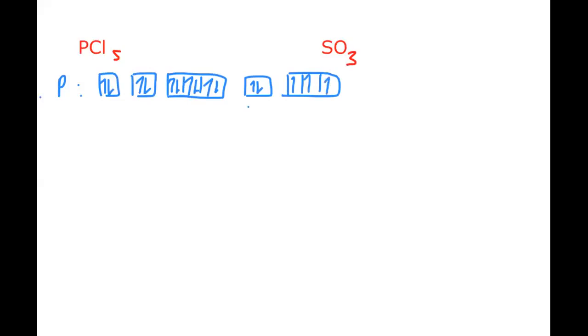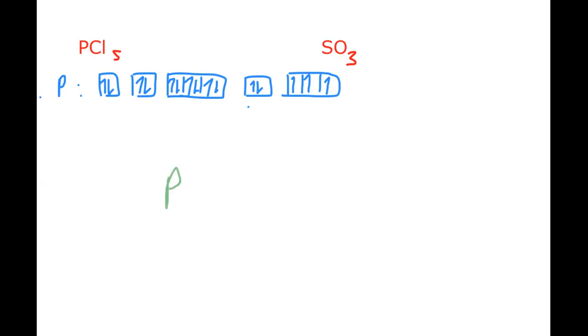So this is the configuration for phosphorus, and chlorine we know forms one bond. Now over here we have phosphorus as a central atom, obviously, because it forms more bonds. But the problem over here is that phosphorus has 5 electrons, but if it forms 5 bonds, then there will be 10 electrons in its valence shell.